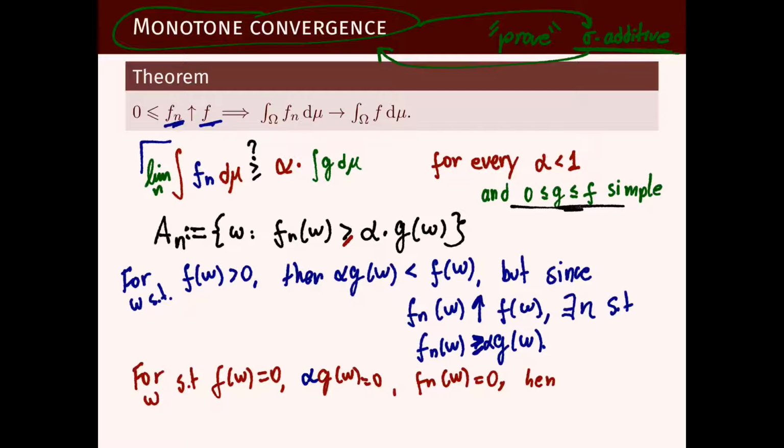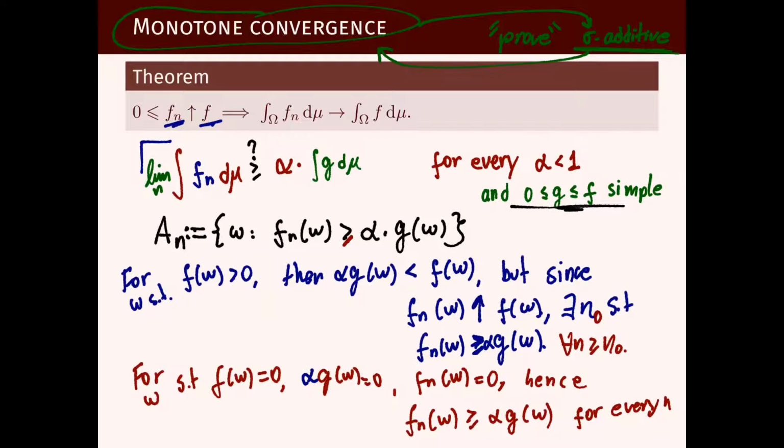Hence, Fn of omega is still larger than or equal to alpha g of omega. And now this is for every n. Whereas before, it was there exists n0 such that this holds for all n larger than n0.